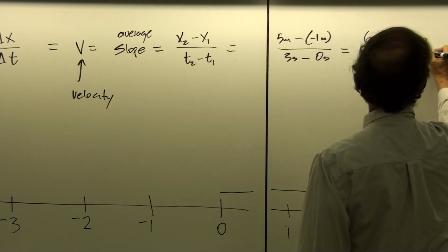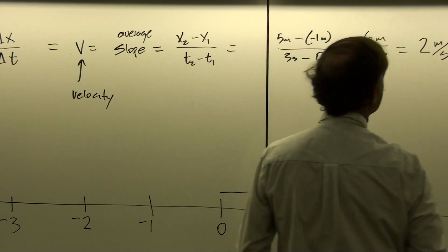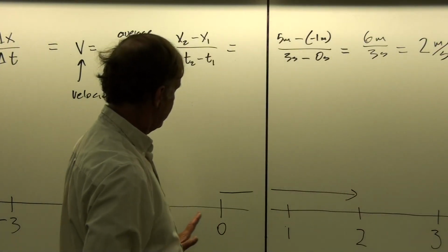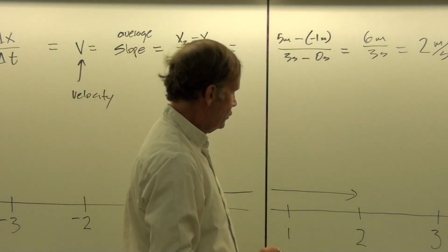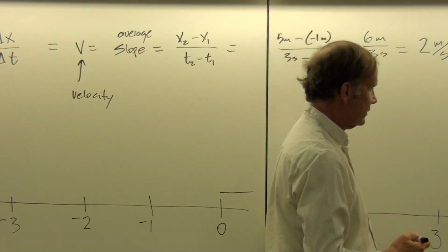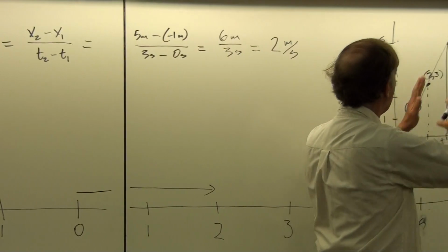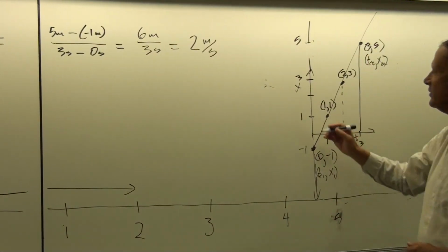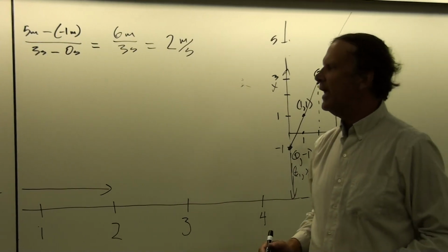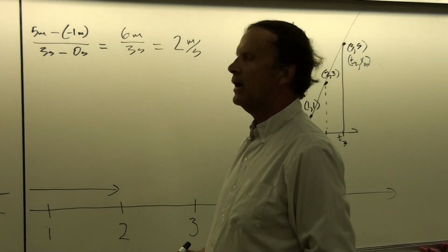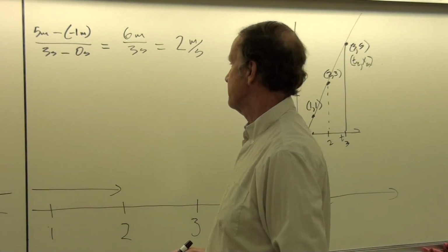Or that's 2 meters per second, which is exactly what our intuition told us was happening, because I was covering 2 meters in every second. Okay? And so I was just making a graphical representation of this, and so this is a constant slope and associated with that a constant positive velocity.